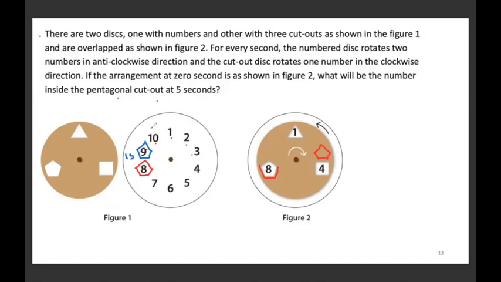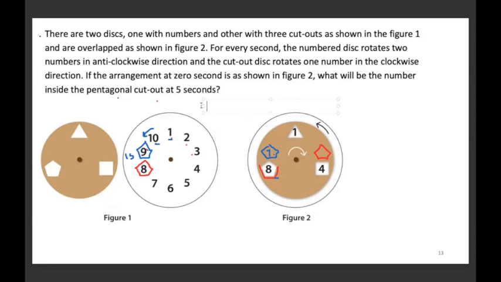So the number will rotate anti-clockwise. After 2 positions, which number will come here is 1 and 2, which means number 1. After 1 second, when the pentagon cutout comes here, 1 will come in this position. So the shift that we see from the 0th position to 1 second is of 3 positions.